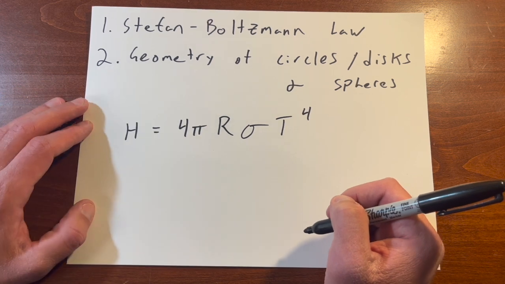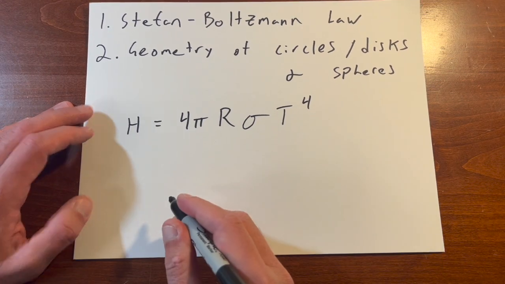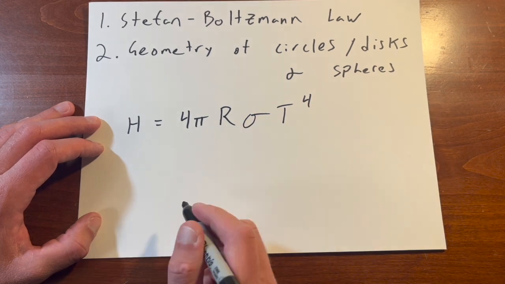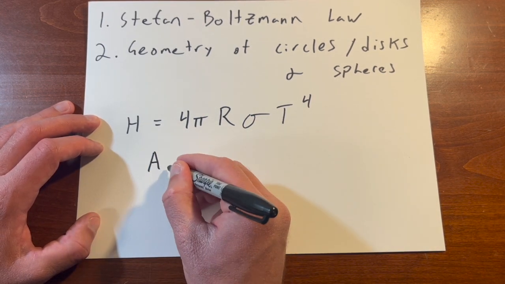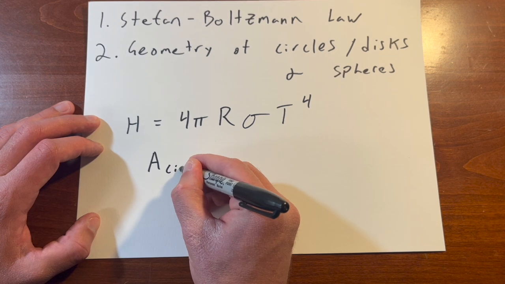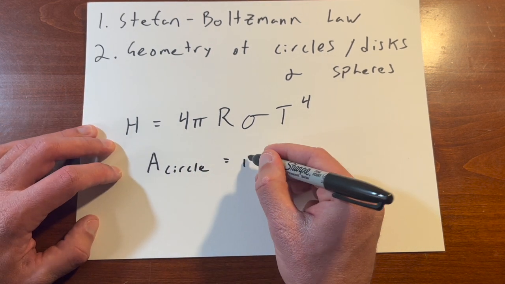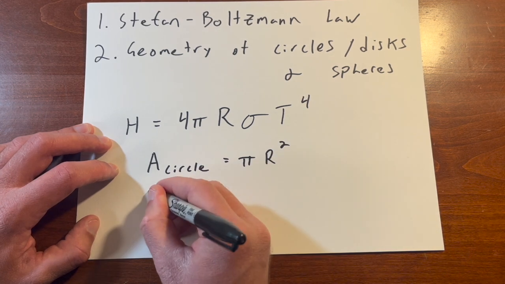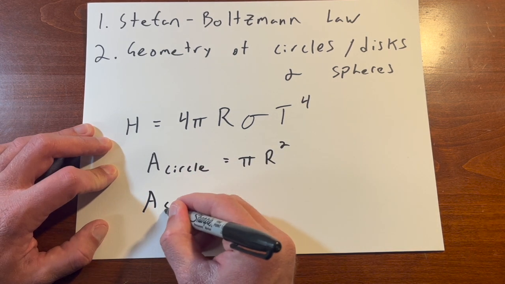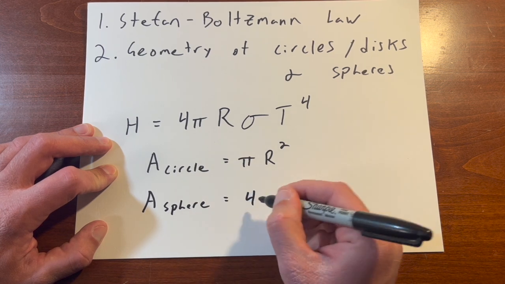Okay, so that is our Stefan-Boltzmann law. And then, of course, for the area of a circle or a disk, we're going to have pi r squared. The area of a sphere, it is 4 pi r squared.